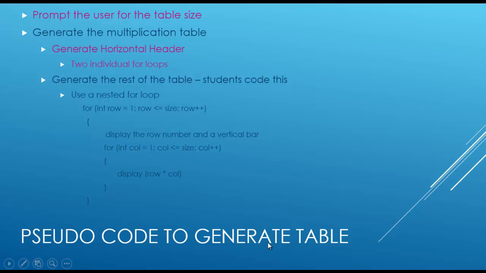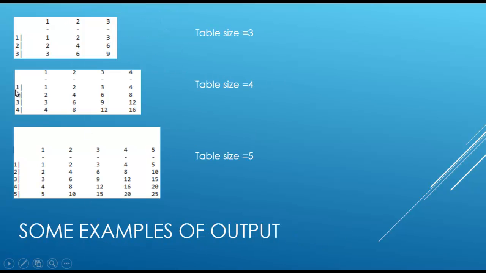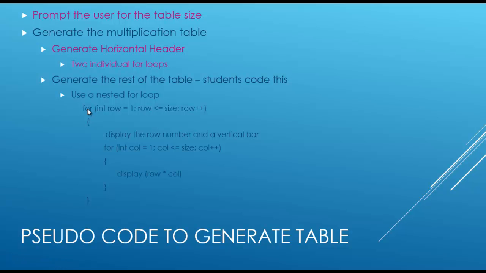So that essentially is the row times the column, but you're going to do that with your nested for loop. So your outer for loop and then your nested for loop. And that's going to generate that code in the middle right here. So there's your row number, your vertical bar, and then the answer of row times column, row times column, row times column.